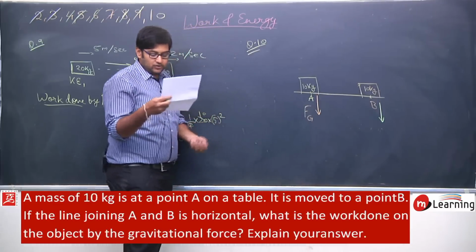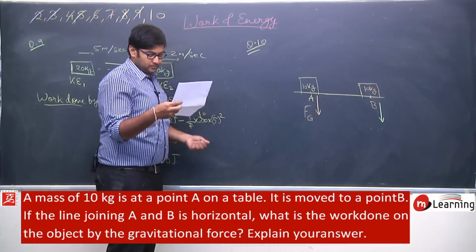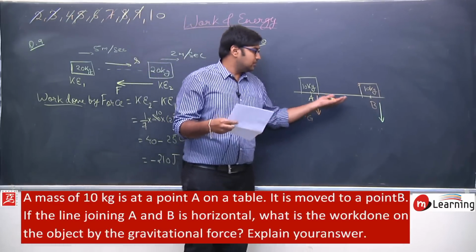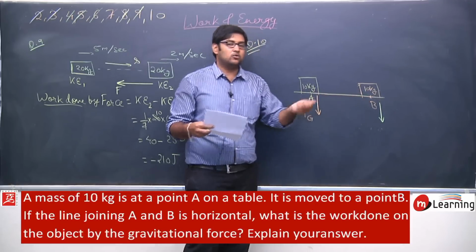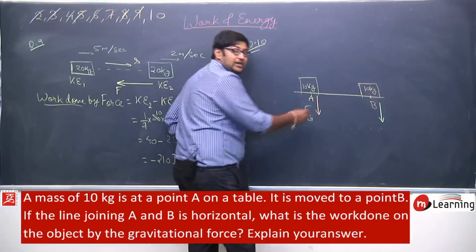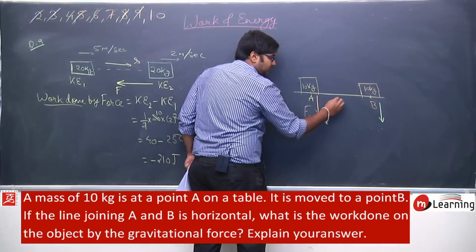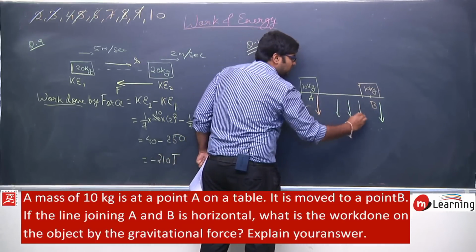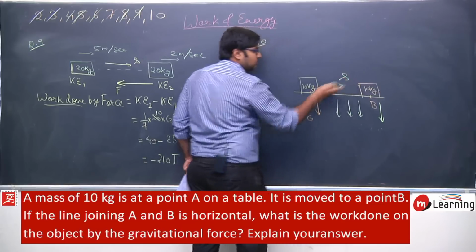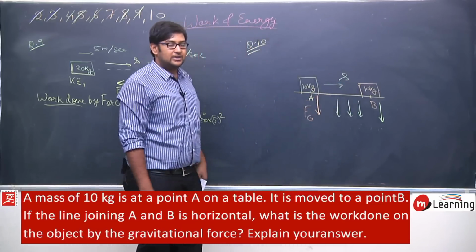So what you can see here is that this body is moved by some distance, we do not know what the distance is, but throughout its journey the direction of gravitational force is downward while the motion is in the horizontal direction.